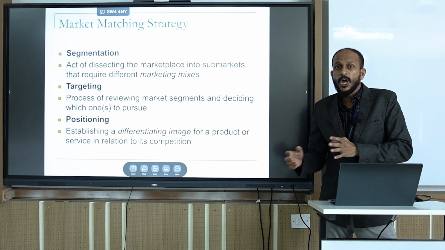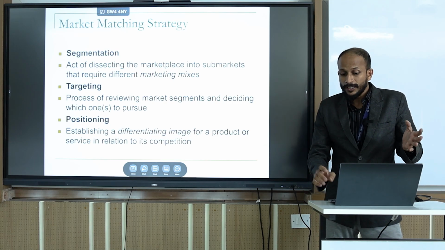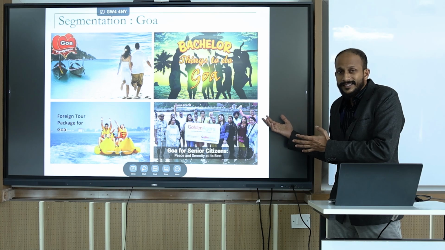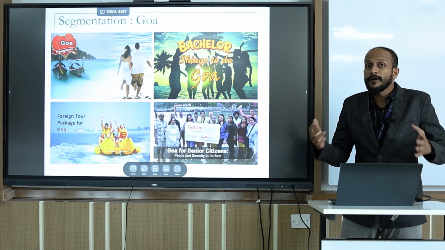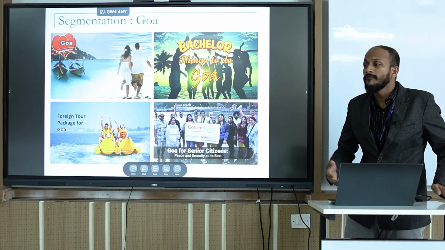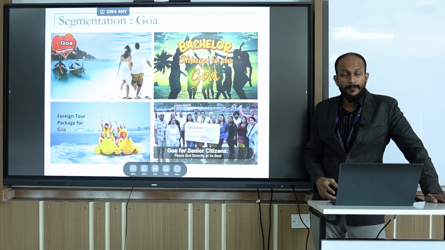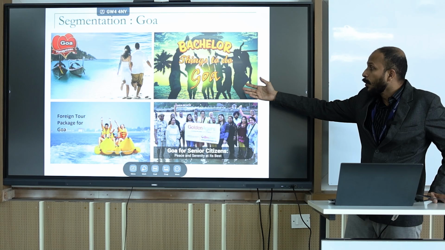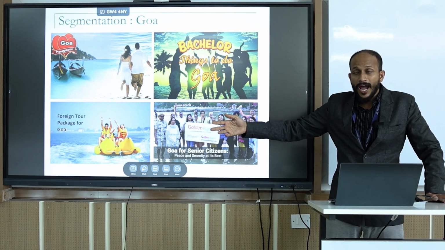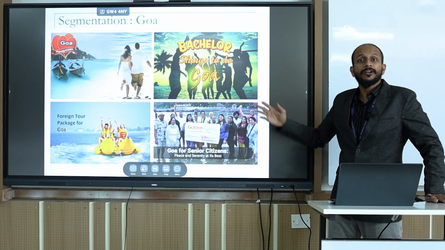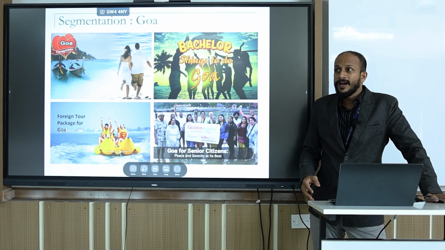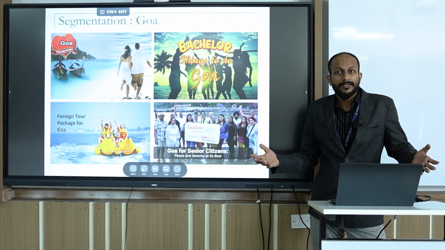In another case, you can segment the market. Goa is a perfect destination for couples, for bachelors, for foreigners, and for people in their retirement age. So you can have four different segments.